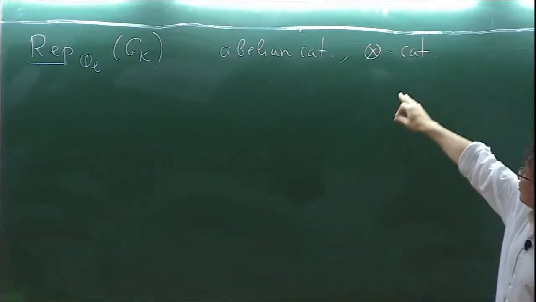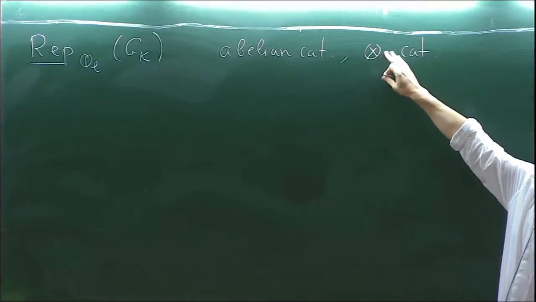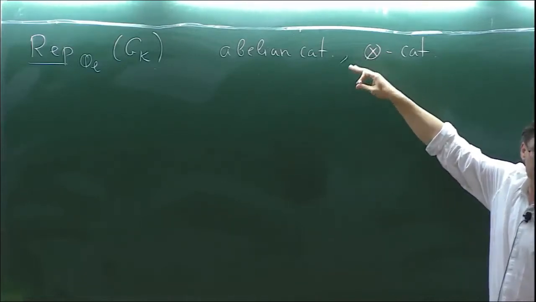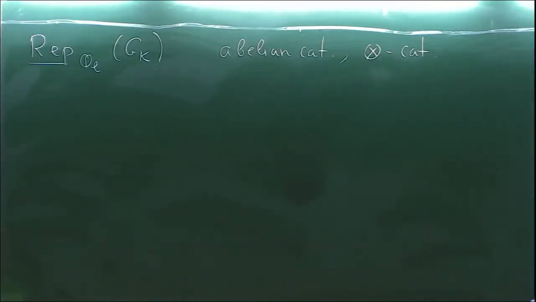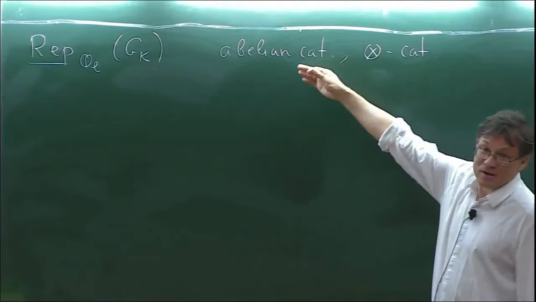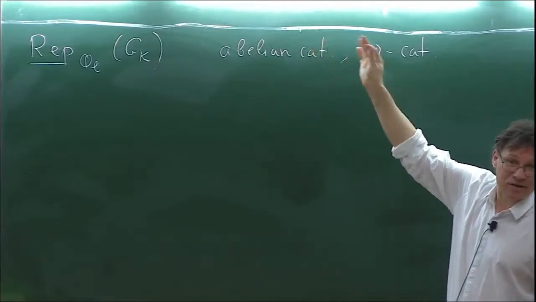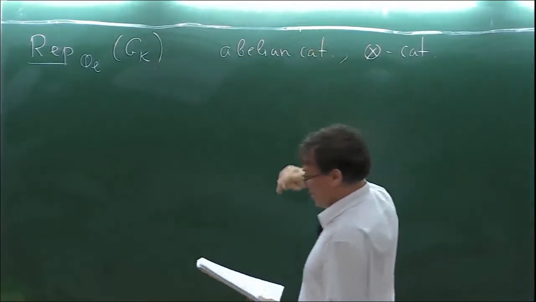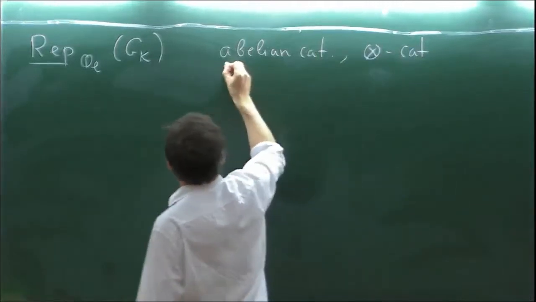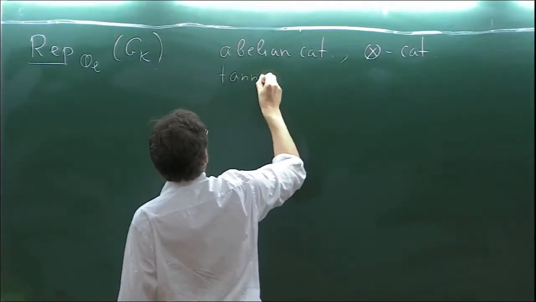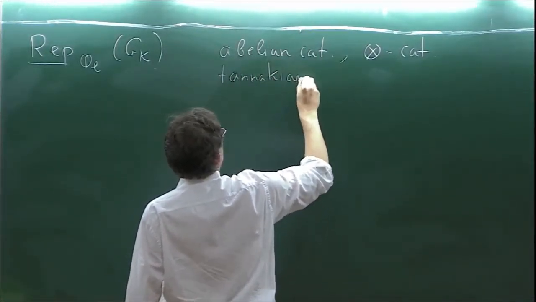And the tensor product satisfies many properties which are easy to write down, but there are so many that I cannot overview all of them. They can be summarized in a very abstract way, saying this is a neutral Tannakian category.